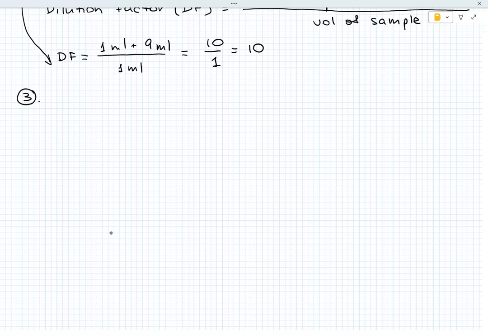So again, now let's have a chat. How much blood is added? So 1 milliliter of blood. What is the volume of saline that is used to dilute that blood? 99 ml.